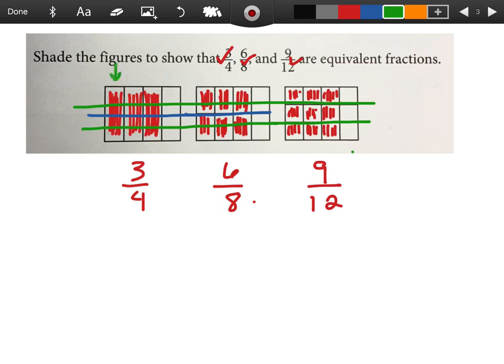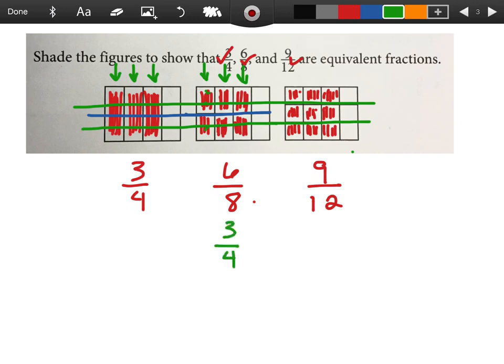Then I notice here's 1 row, 2 rows, or columns, excuse me, 3 columns. So that's 3 out of 4 columns. Well, look at that. There's 1, 2, 3. And because it goes on both sides, that's the same as 3/4.